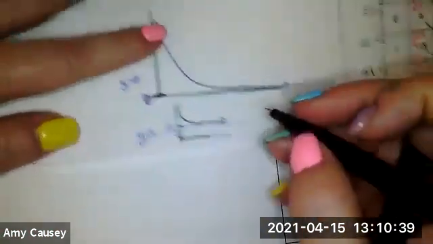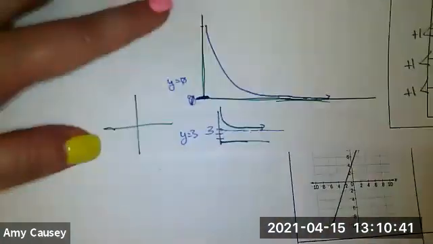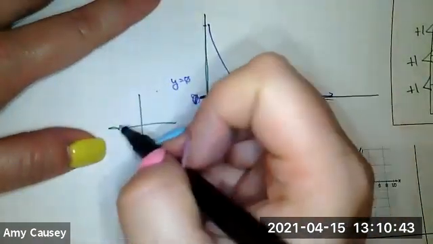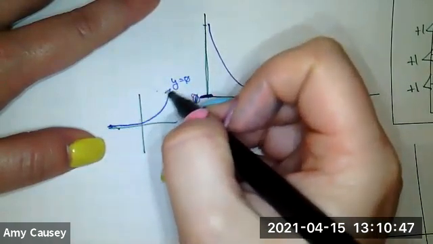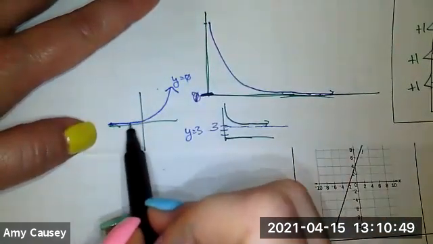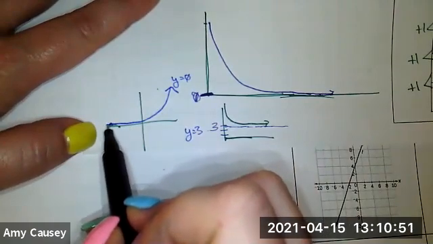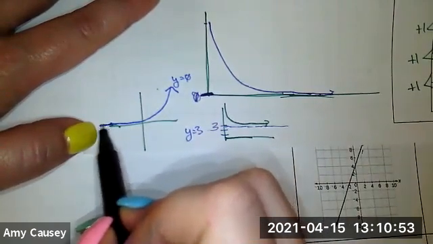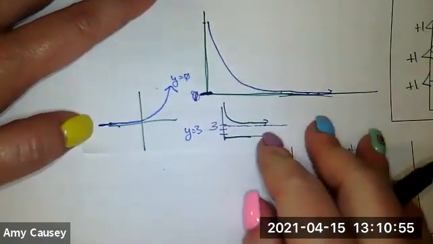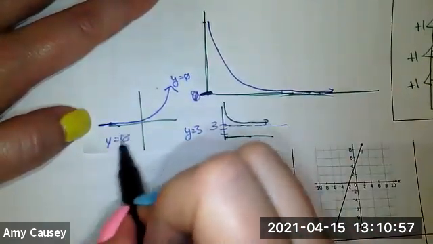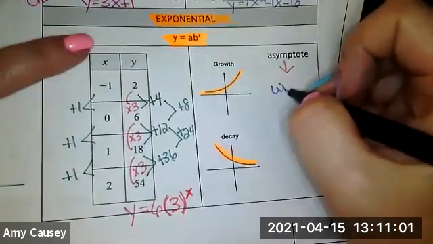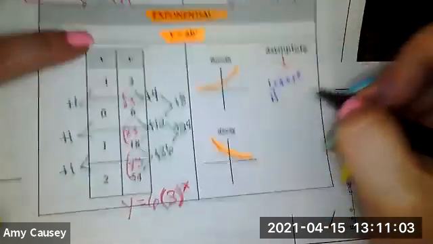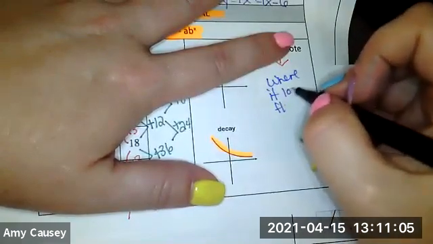It could also be backwards. So let's say I have a graph that's here and it heads upward like that. You still have an asymptote of 0 here because it's never actually going to touch or cross that 0, even though it's going to look like it. So that asymptote would be 0. So that's all an asymptote is, where it looks like it flatlines.